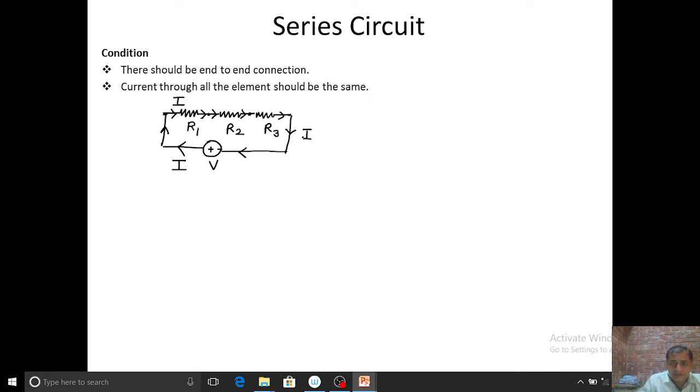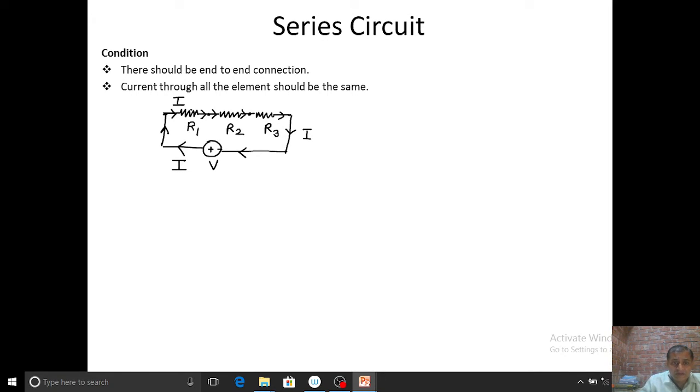So the current flowing through the overall resistance R1, R2, and R3 is I ampere. The current through all the elements connected in series is the same.